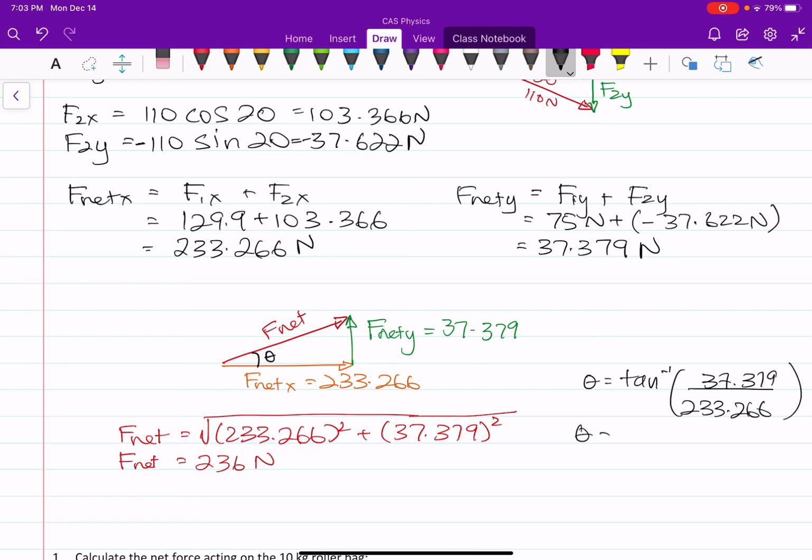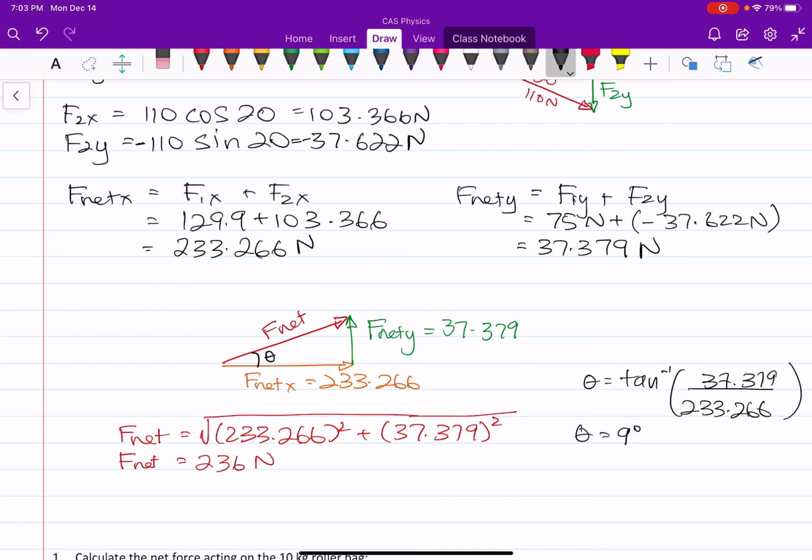Theta is equal to 9 degrees, or 9.1 in my calculation.